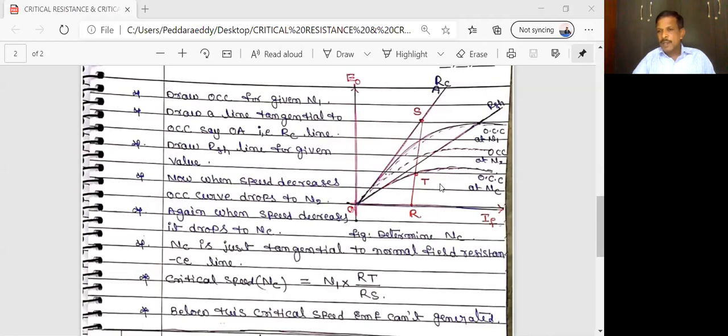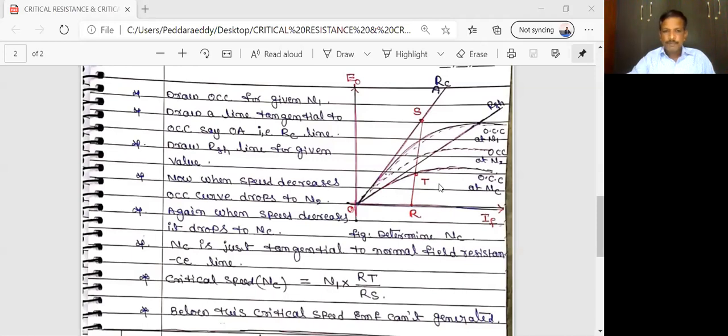For convenience I will show only three curves: one rated curve, one reduced speed curve, and another reduced speed curve, which is tangential. The curve which touches the initial part of the RSH line is called the critical speed curve.